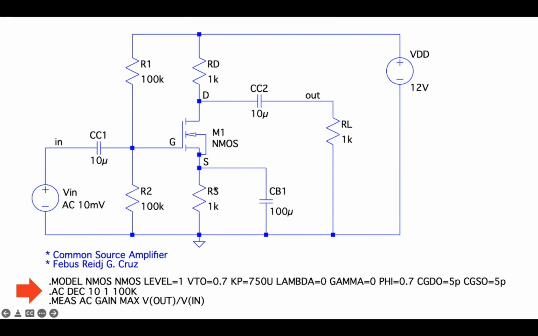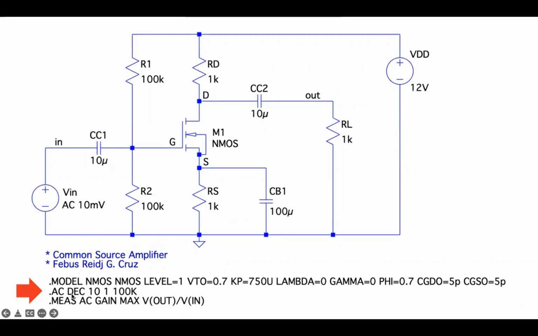So in terms of LTspice simulation, we are going to change the operating point simulation to AC simulation. So we have here AC, use the decade. So that means the change in the frequency will be by 10. So times 10. So starting from 1 hertz, ending at 100 kilohertz.